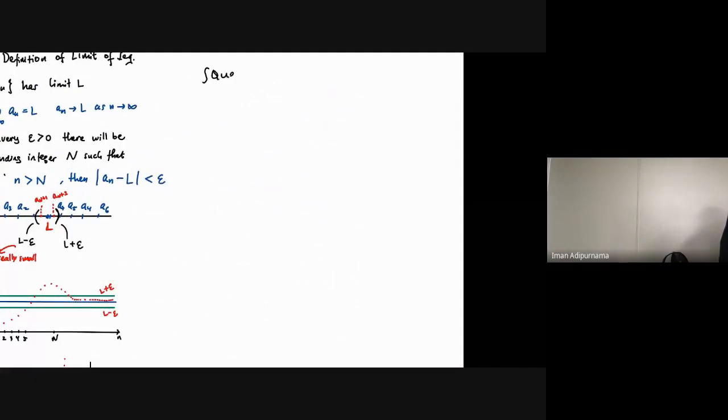Basically it's the same, but we change the functions into sequences. Usually we are dealing with functions f. In the sequence we just change all the functions into sequences. For example, an and bn and cn. All these are sequences.